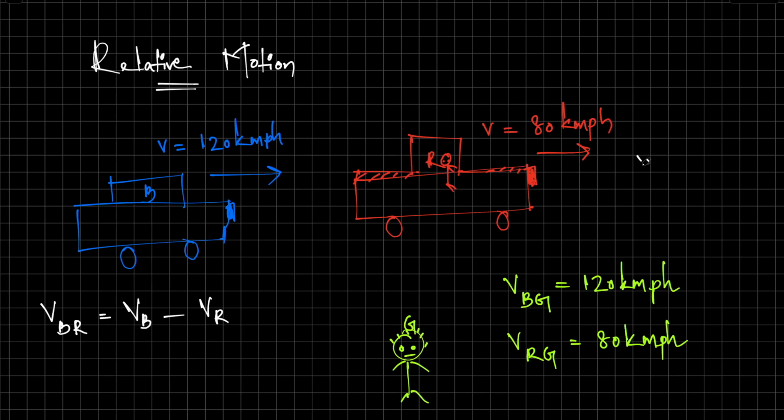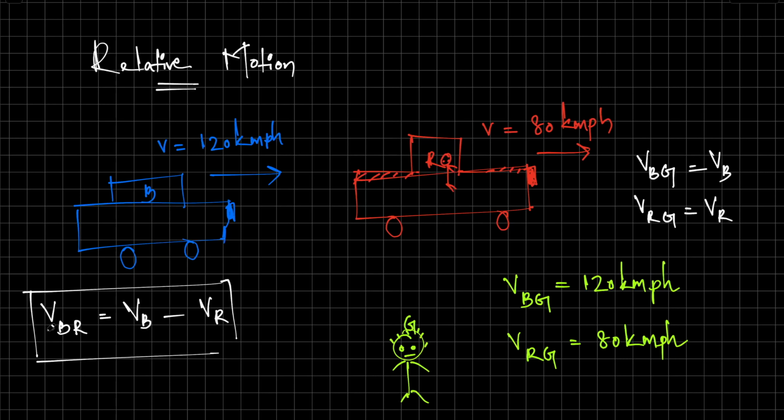VB means velocity of blue car with respect to ground, and VR means velocity of red car with respect to ground. So that's how you find the velocity of blue car with respect to red car.